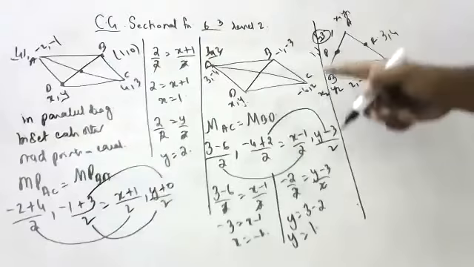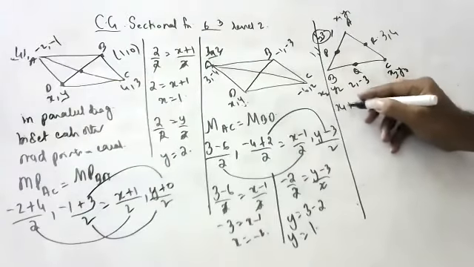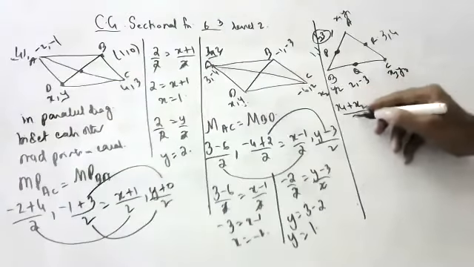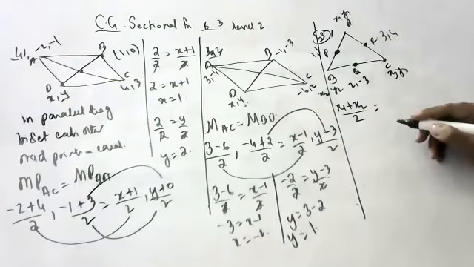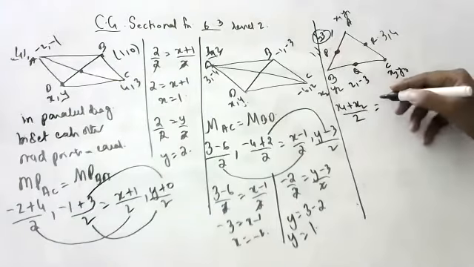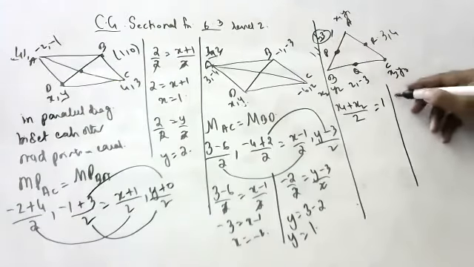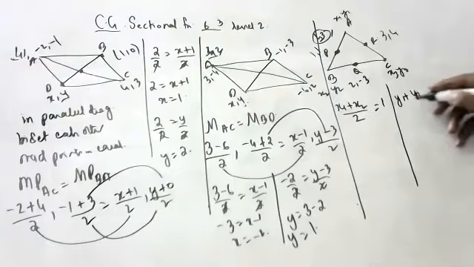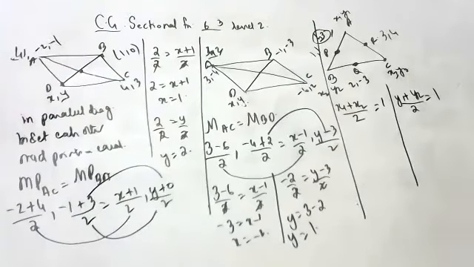So (x1 + x2)/2 = 1, and (y1 + y2)/2 = 1.